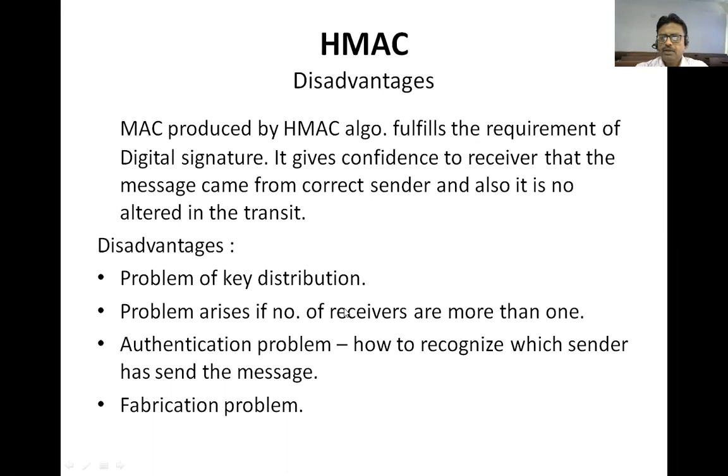But what will happen? Suppose the person who is working in the bank has some malicious intention. Since both the customer and the bank are using the shared symmetric key, that person can use the shared symmetric key to fabricate a message by posing as sender A, write a message, find out the HMAC, and receive it. After receiving, the transaction is made and the amount is debited from the account of sender A into his own account.